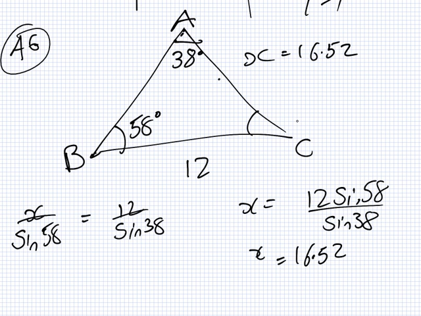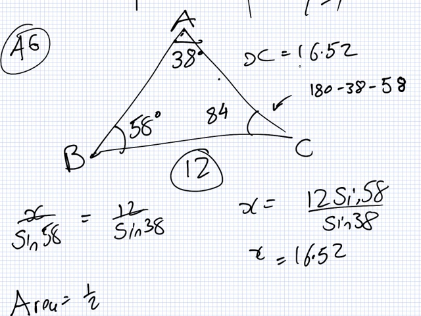What now? And now, this angle here is, if you can type this in, Yusuf, please, 180 minus 38 minus 58. What was it? 84, yeah? Now, to get the area, we use the rule, a half, this side, and sine the angle.